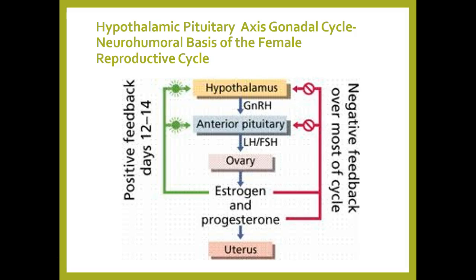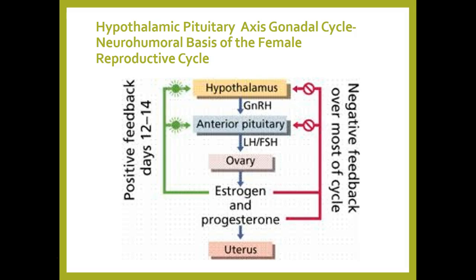So this is a little chart that tells you where the hormones are released and what they work on. Okay, so this is the hypothalamic pituitary gonadal axis cycle. That's a big mouthful, I know, but basically what this tells you is how the hormones work to make the female reproductive cycle effective.